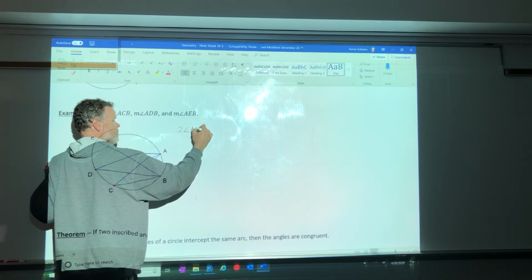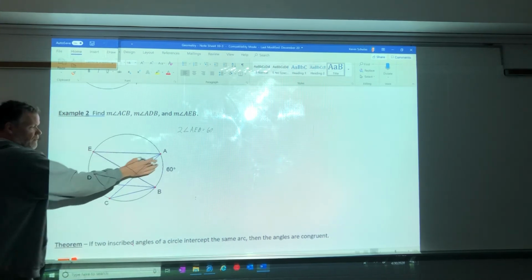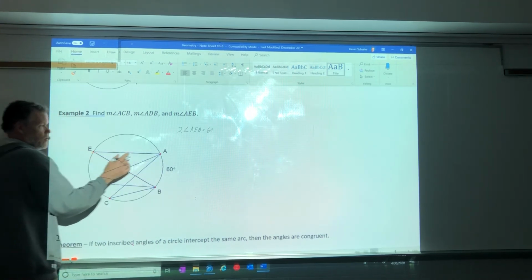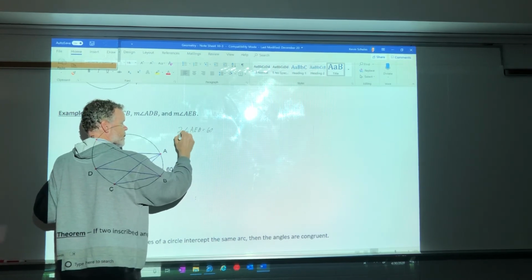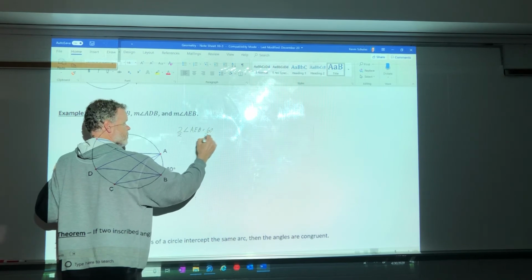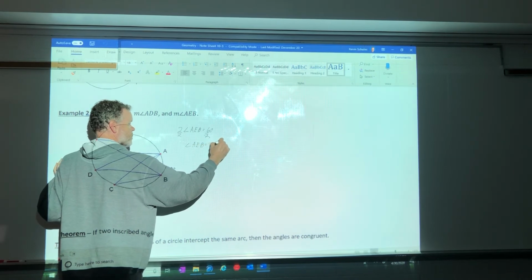Angle AEB is going to equal 60 degrees, because this is 1/2 of what this arc is. So 2 times angle AEB equals 60, we can divide by 2, divide by 2, so angle AEB is going to equal 30 degrees.